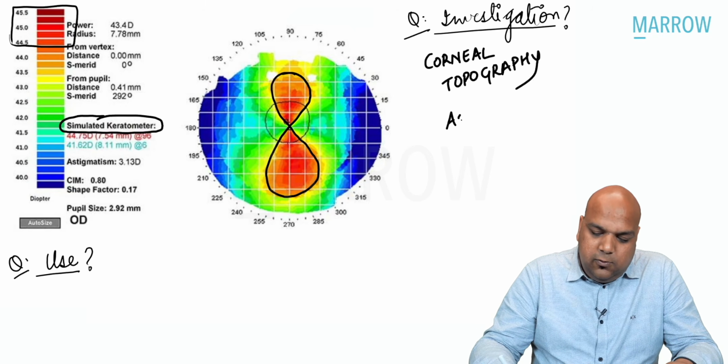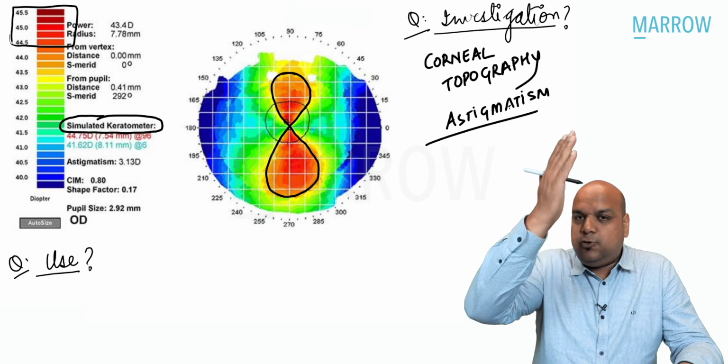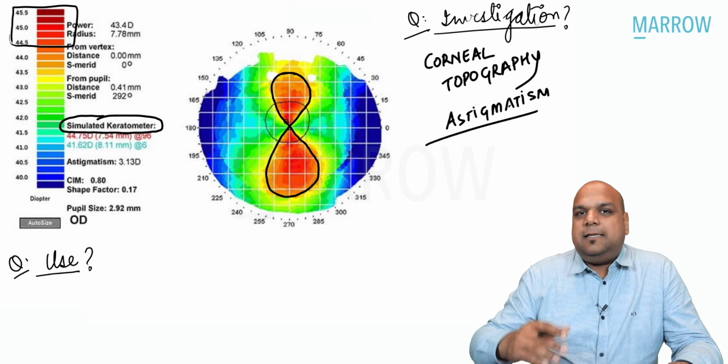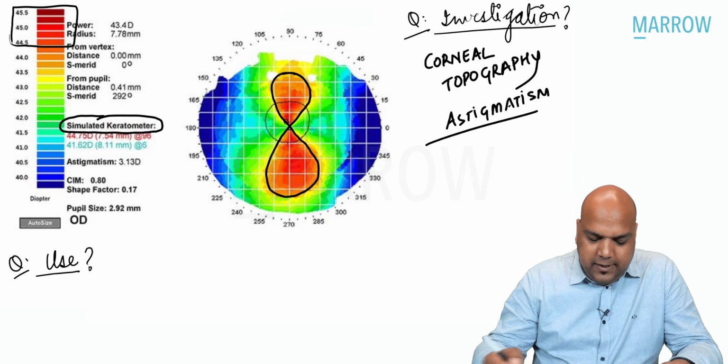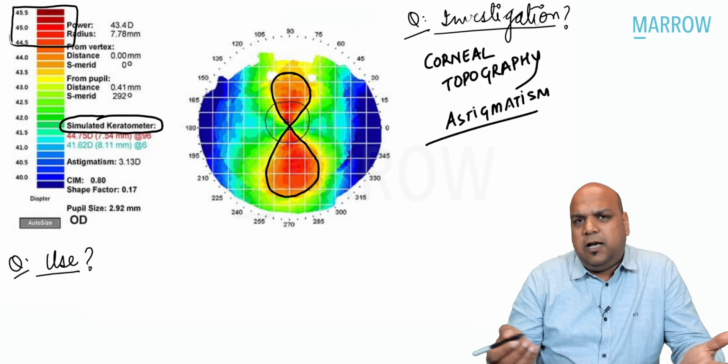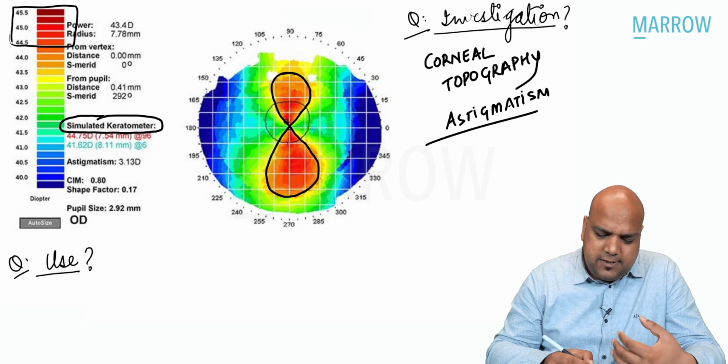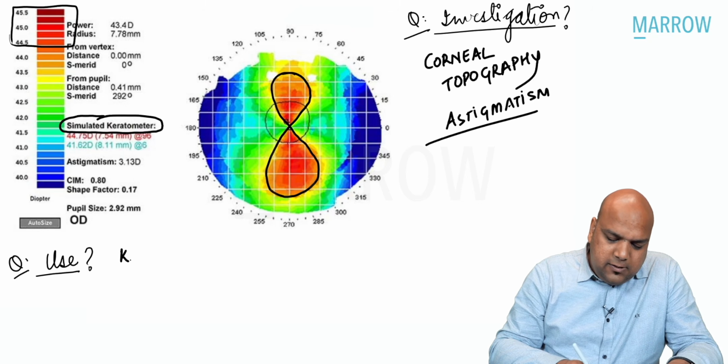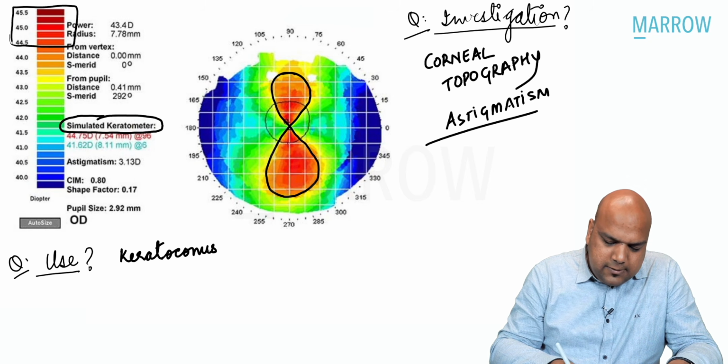Now what is it showing you? It is showing you astigmatism. As I just explained, in the vertical curvature, it is showing you a steeper axis or a steeper power. Yes. Now, what is the use of it? The use of it is, I hope you understand, to examine the corneal surface. But in which diseases do we use it? We essentially use it in diseases like keratoconus.